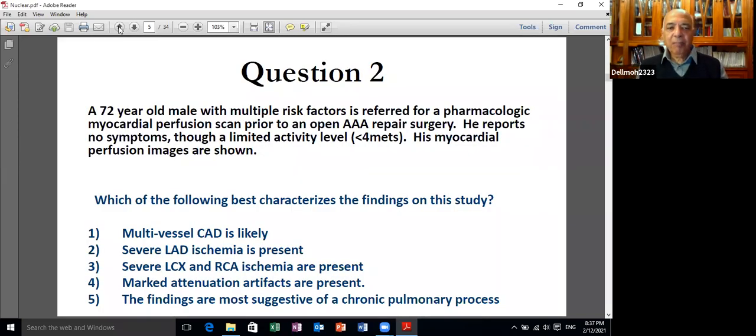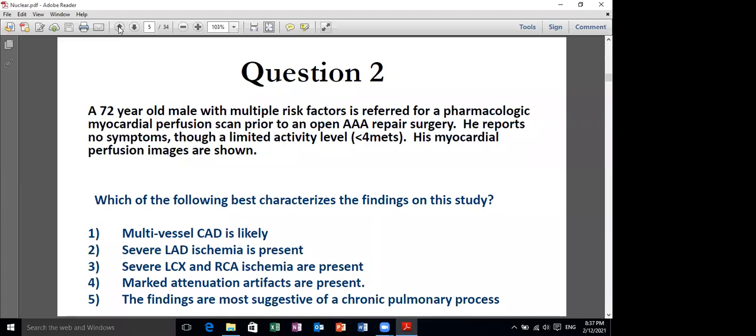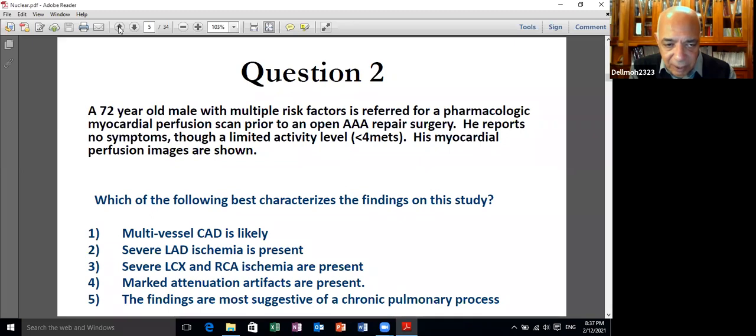Which of the following best characterizes the findings in this study? Is that a multi-vessel coronary artery disease, or a severe LAD ischemia, or a severe left circumflex and RCA ischemia, or marked attenuation artifact, or the findings are most suggestive of chronic pulmonary process? So what do you think?